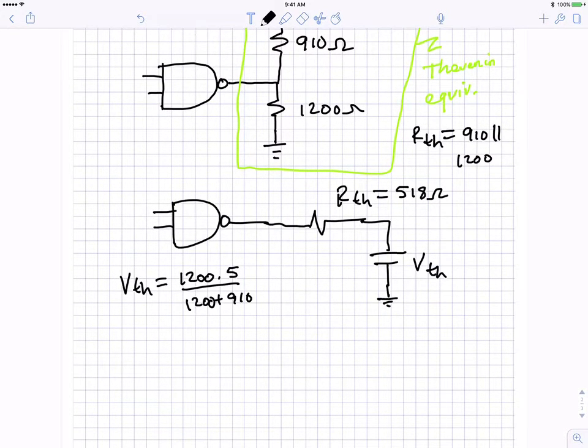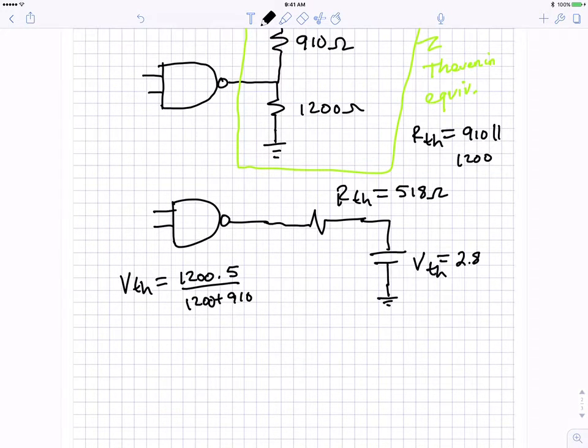Okay, and so you do that calculation and you get V Thevenin is 2.84 volts.